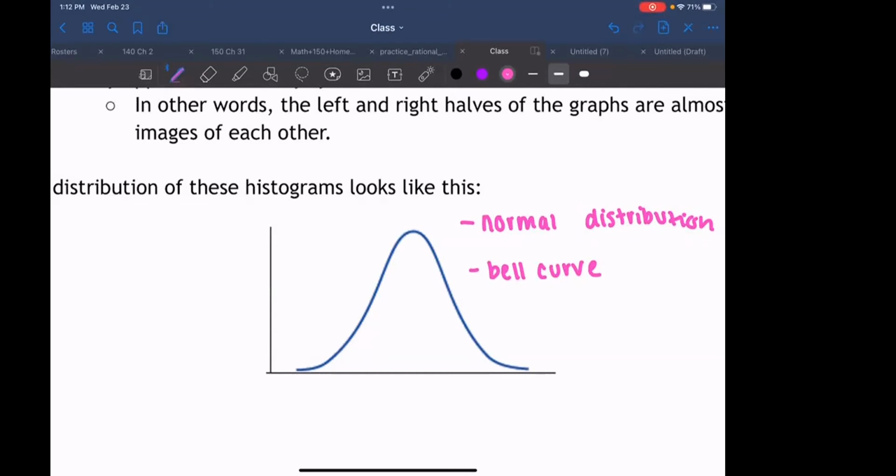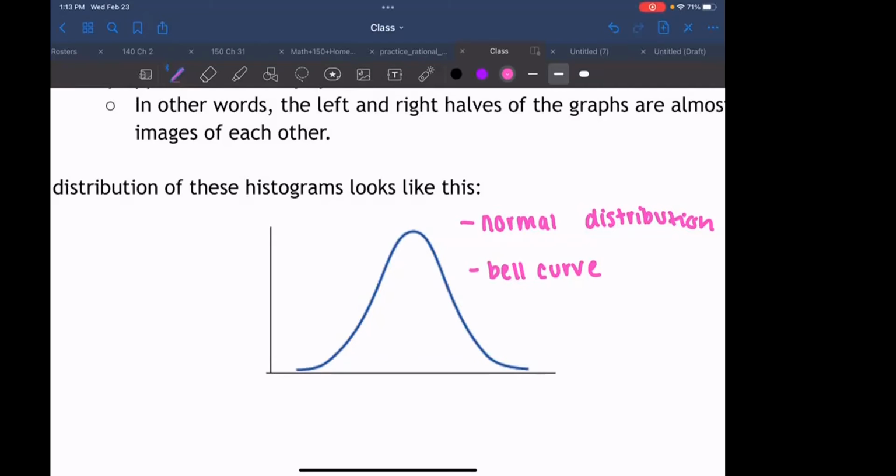So, for example, heights of people, normally distributed. The weather outside, normally distributed. I'm trying to think of different examples. The length of your hair, normally distributed. Whenever we have a lot of factors going into something like the temperature or the weather or your height, a lot of different factors going into one number, it's probably going to have a normal distribution.